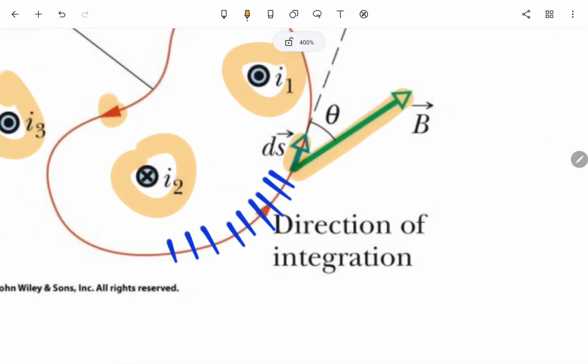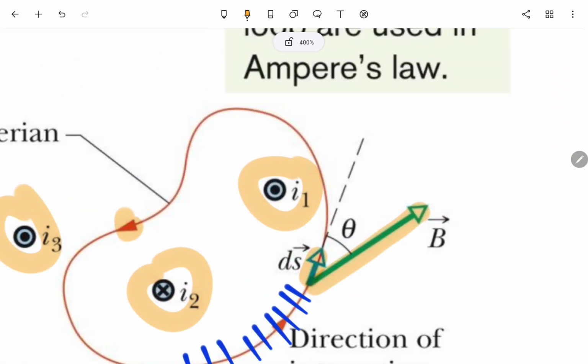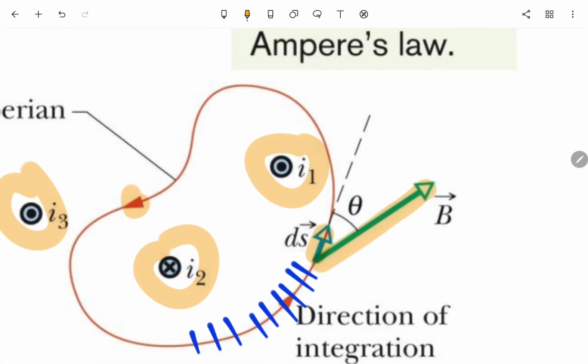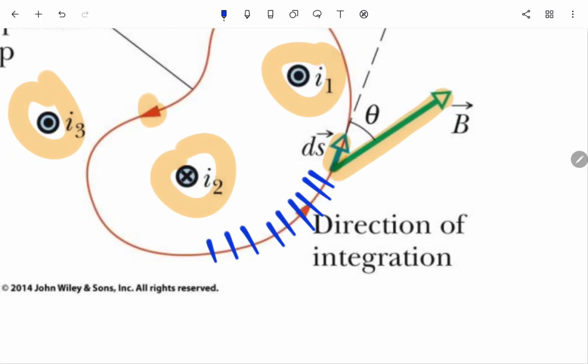The idea is that we separate the loop into many small segments. Each segment corresponds to a B dot ds, which turns out to be a scalar because it is a dot product.